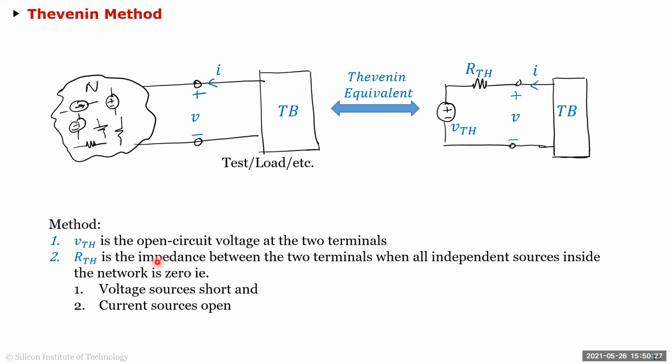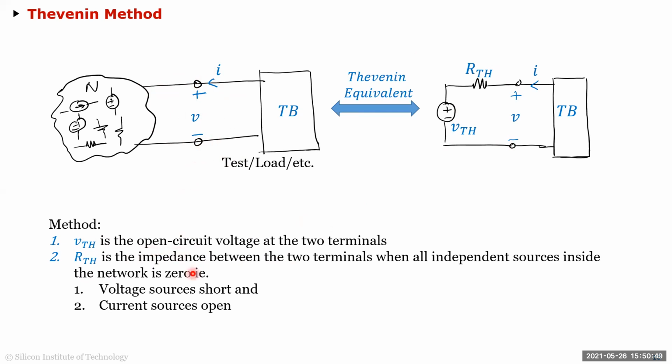And what's VTH? VTH is the open circuit voltage at these two terminals. Open circuit in the sense you don't apply any load. So it's the voltage when there is no load. You measure the voltage with a voltmeter, right? So if I have a system, I apply the voltmeter across this, and that's my VTH.